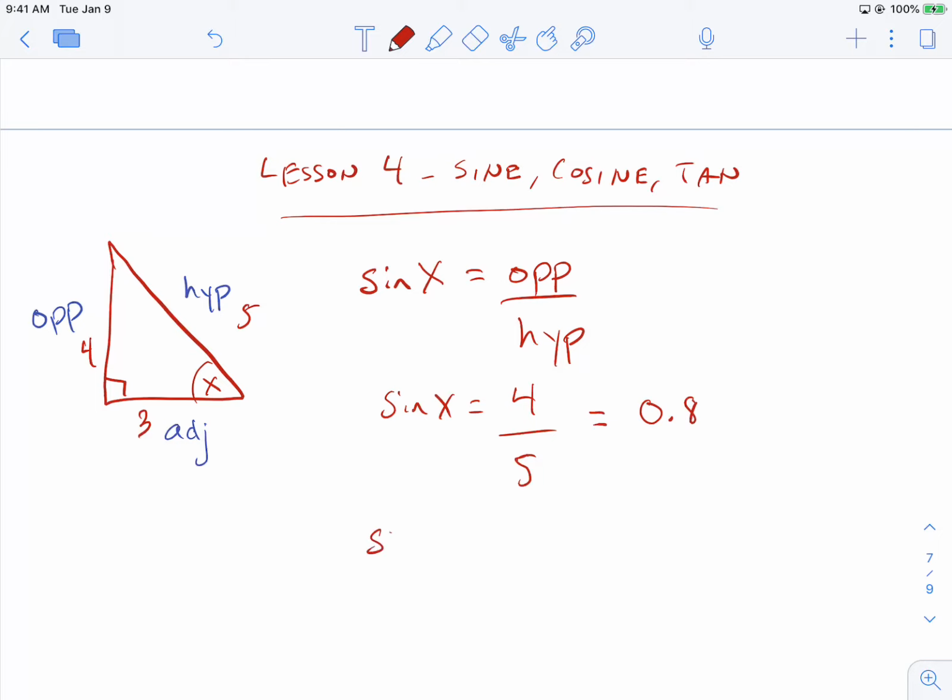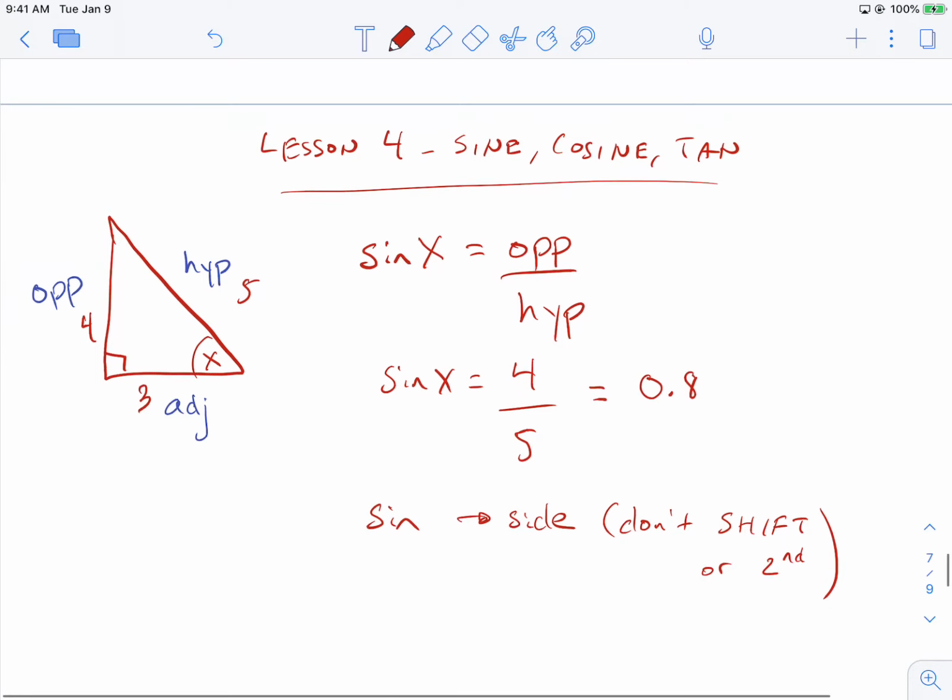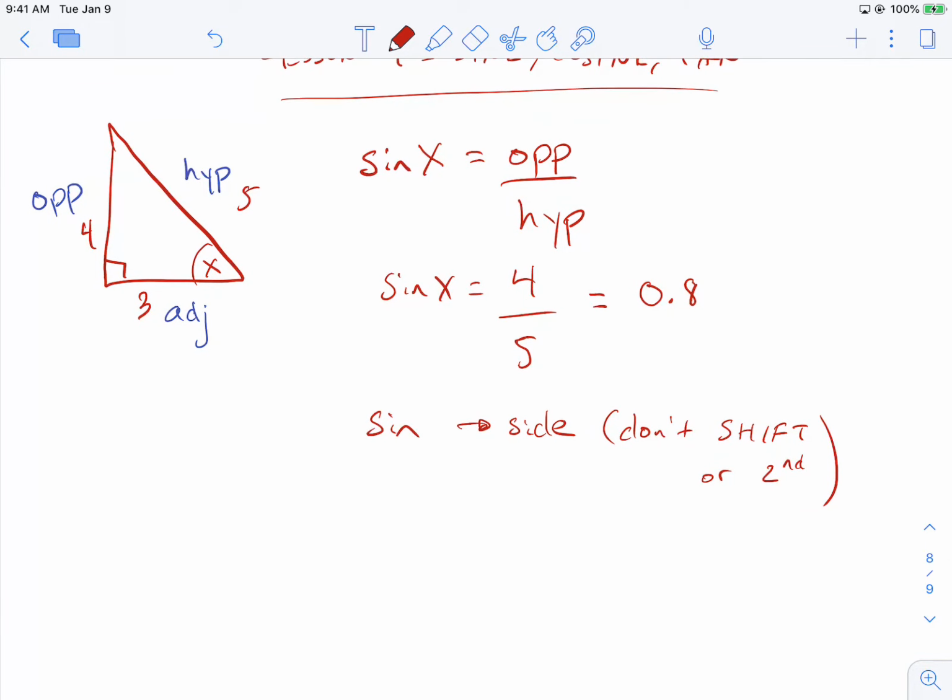So there are two things that you can use sine for. You can use sine to solve for a side. And I'm going to write: don't shift or second. What I mean by that is your calculator has a shift or a second function key. Don't press it.